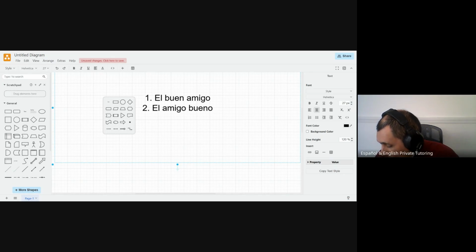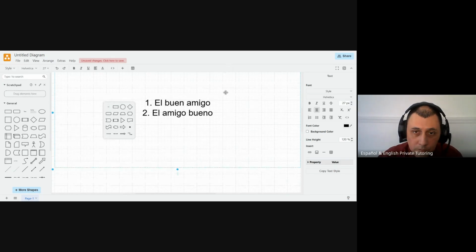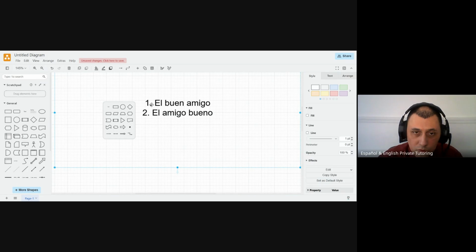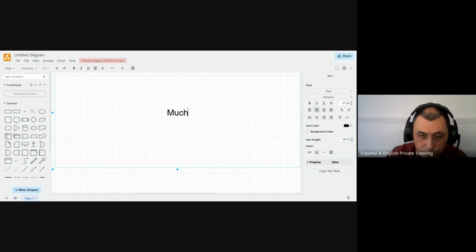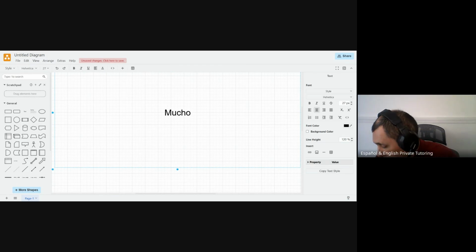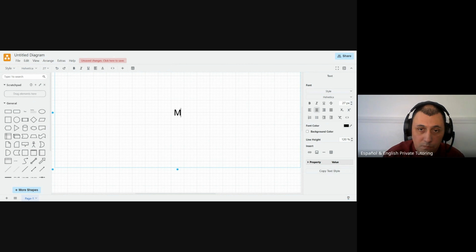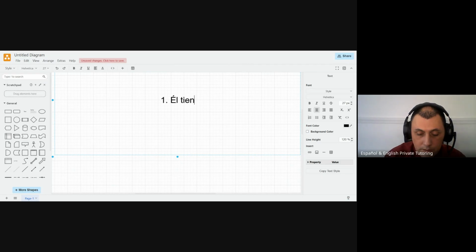Now let's go to adjectives that express quantity. I'm going to talk only about mucho. So mucho is a special adjective that goes always before the noun it describes. Okay, example, tiene mucho dinero.